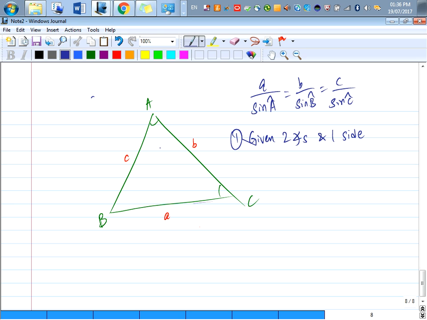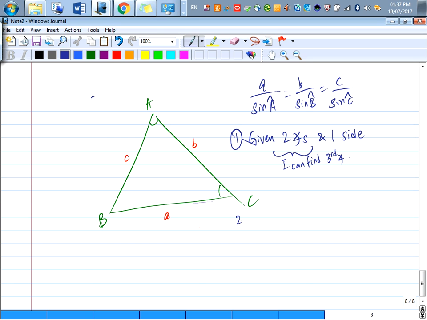Yeah, we can find out the last angle because of the sum of angles in a triangle. When you are given two angles and any side, use your sine rule. This is the first one.